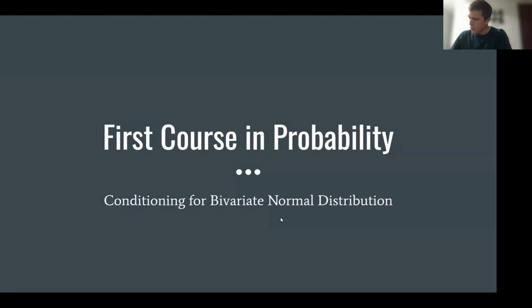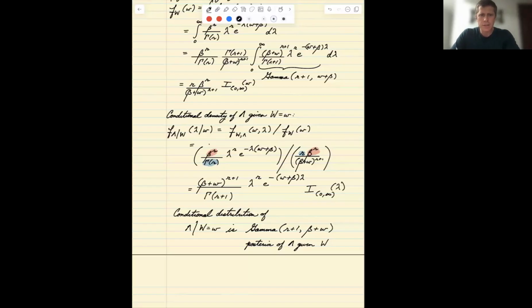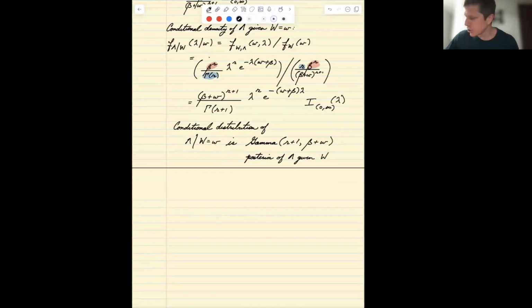All right. Continuing with our study of conditional distributions, we're going to talk now about conditional distributions in the case of the bivariate normal distribution, which is an extremely important and widely used situation that arises in statistics often because, as we'll learn in a later chapter where we talk about the central limit theorem, that's what makes the normal distribution so ubiquitous and such a reasonable assumption in many applications.